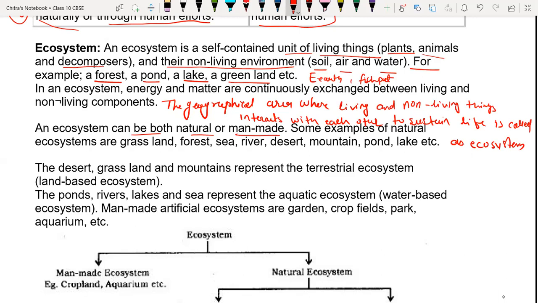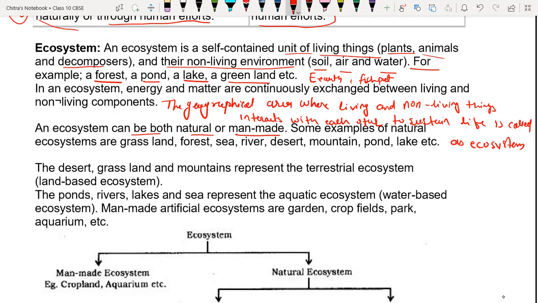The fish pot is man-made, and we have the ocean and river. Water reservoirs like a lake, if they are formed automatically due to natural phenomena, are called natural ecosystems. But man-made ecosystems, like a dam or a well, are water reservoirs made by man.